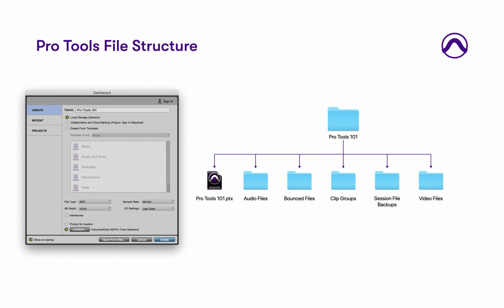But if you're importing a video file, like maybe a QuickTime movie or an Avid video file into Pro Tools, the session file only references the video file in its original location. It does not copy the file over to this folder, which means if your QuickTime file is on an external USB, it will remain in the external USB.